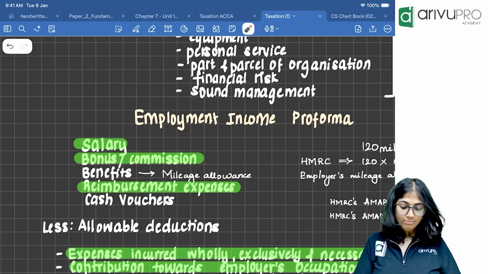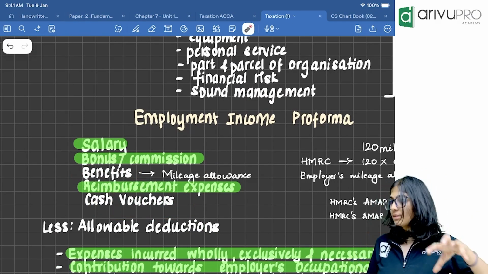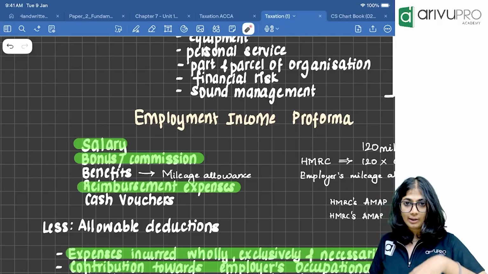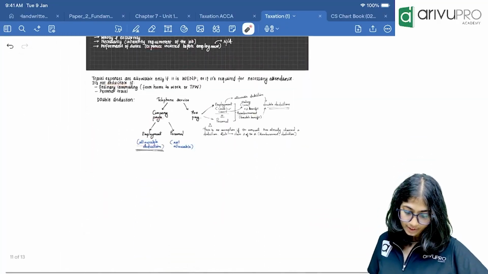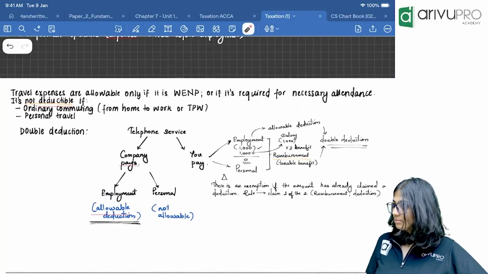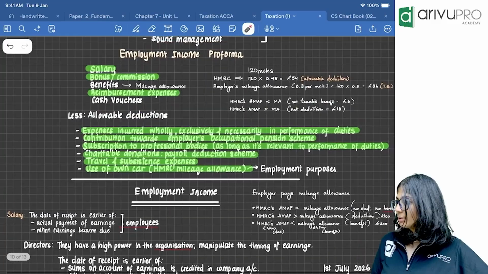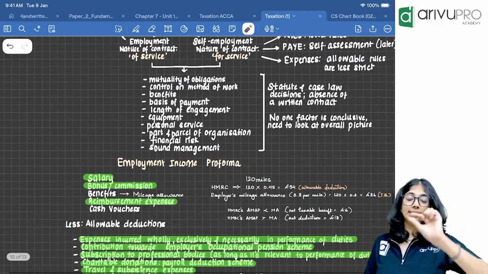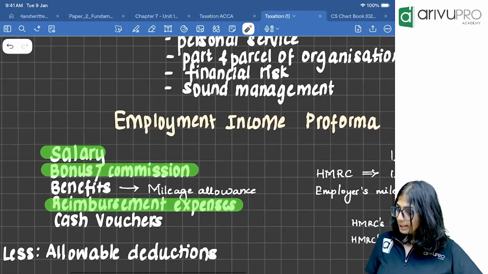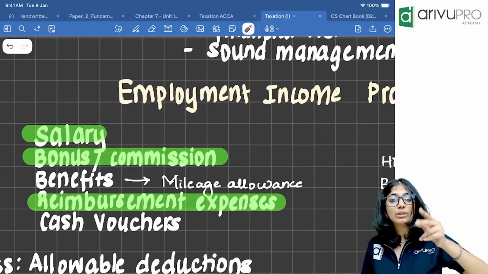So I suggest you all first absorb everything that I've explained till now. These are the only things that we are summarizing with mind maps. These are the only things you need to remember for these elements. Benefits is a huge list that you need to remember.